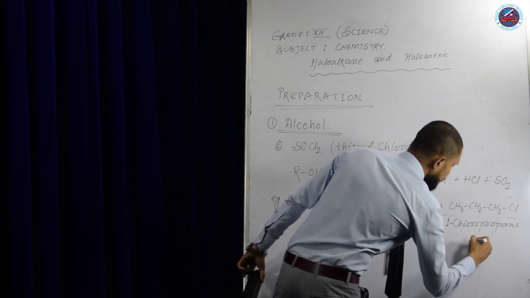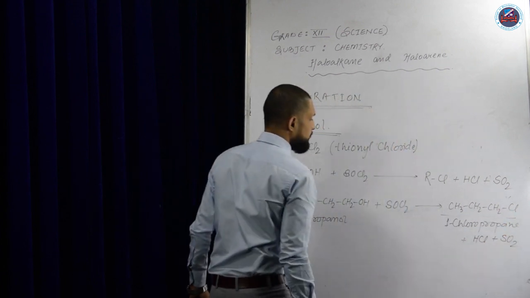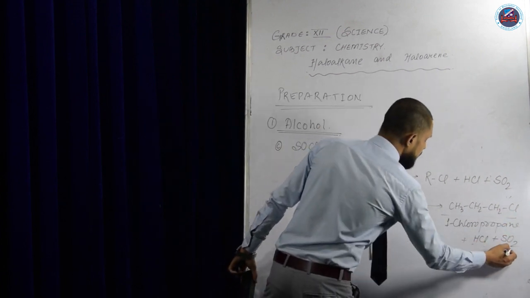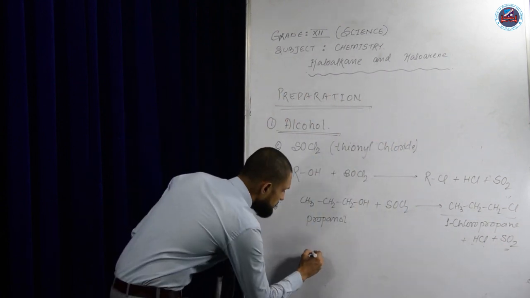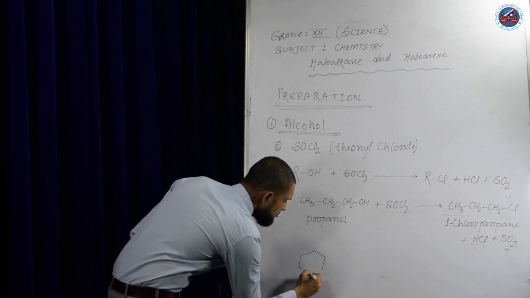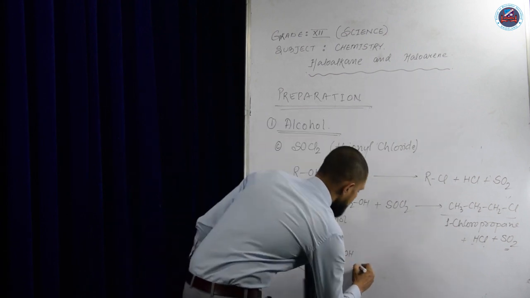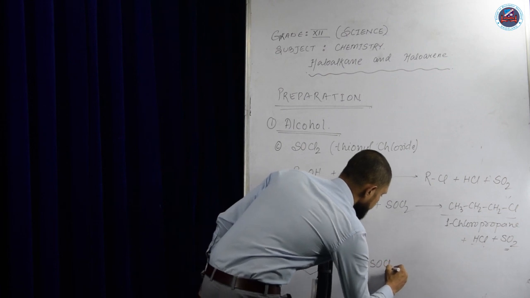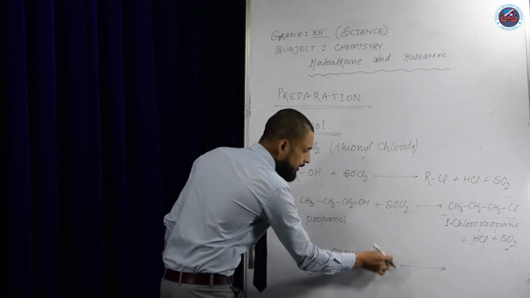And the side products are HCl and SO2, that is hydrogen chloride and sulfur dioxide. Let's take one more example. Here also OH will be replaced by Cl.